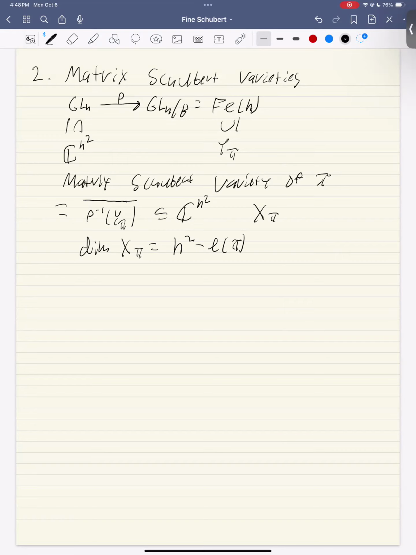Okay, and then there are some great theorems about the Gröbner degenerations of matrix Schubert varieties.